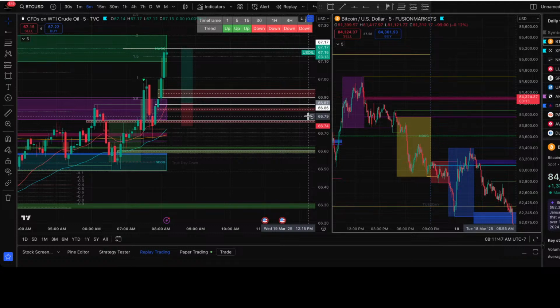Let's take a look at how NAS did in the last few days, without any other chart markups. We're only going to use the blue zone strategy.